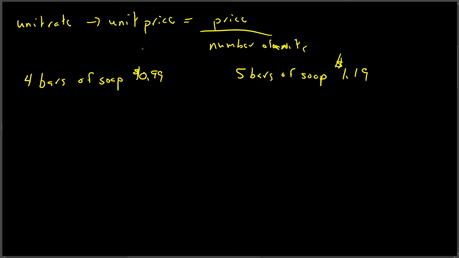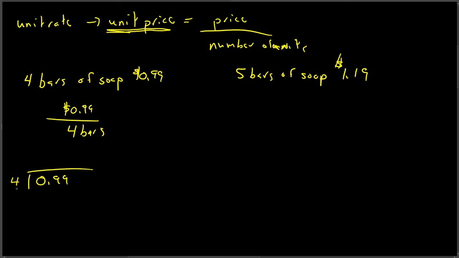So if I want to compare these two things, what I want to compare is the unit price, the cost per 1 bar of soap. So I take my price, 0.99, and I divide it by 4 bars. So I'll do this as division. Keep my decimal point up above. So I'll do my long division here.